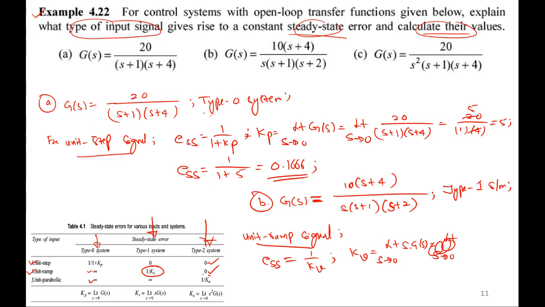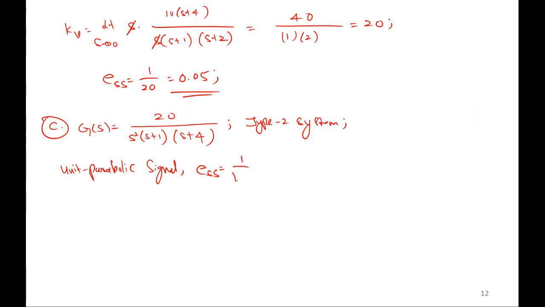It is 1 by ka. So how to find ka? We know ka is equal to limit s tending towards 0 of s square into g of s. What is g of s? G of s is 20 divided by s square into (s plus 1) into (s plus 4).